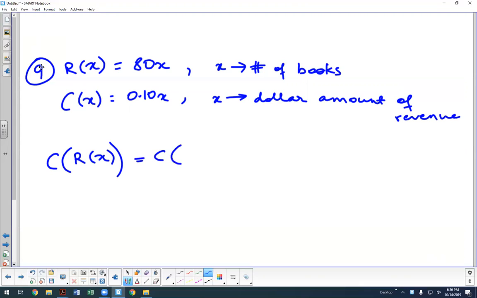So that's going to be C of R of X, which will be C of 80X, right?